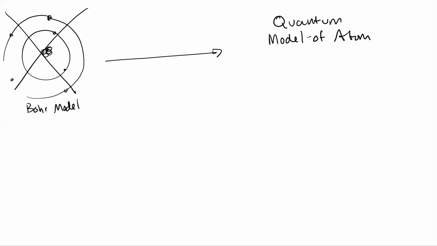And so when we think about this view, we still know, especially from the gold foil experiment, that there is a small nucleus at the center of each atom that contains all the positive charge that's spaced out by neutrons to help make it more stable. And then around it, we have electrons.